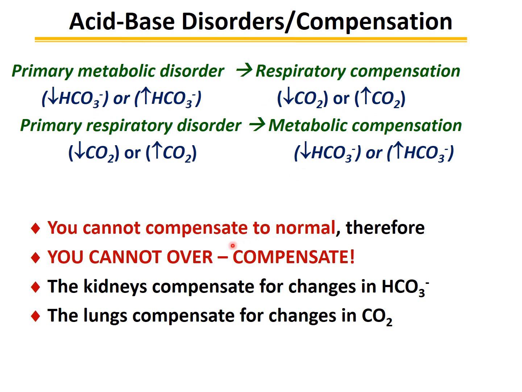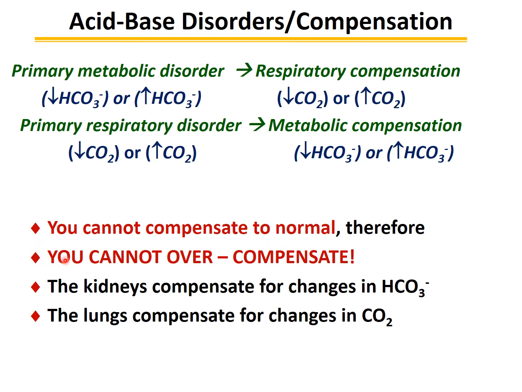Very, very important: you cannot compensate to normal, because if you compensate to the normal value, there is no drive for compensation. So this is why we always have a little discrepancy from the normal value in the compensatory mechanism as well. Because you cannot compensate to normal, you cannot overcompensate or undercompensate.